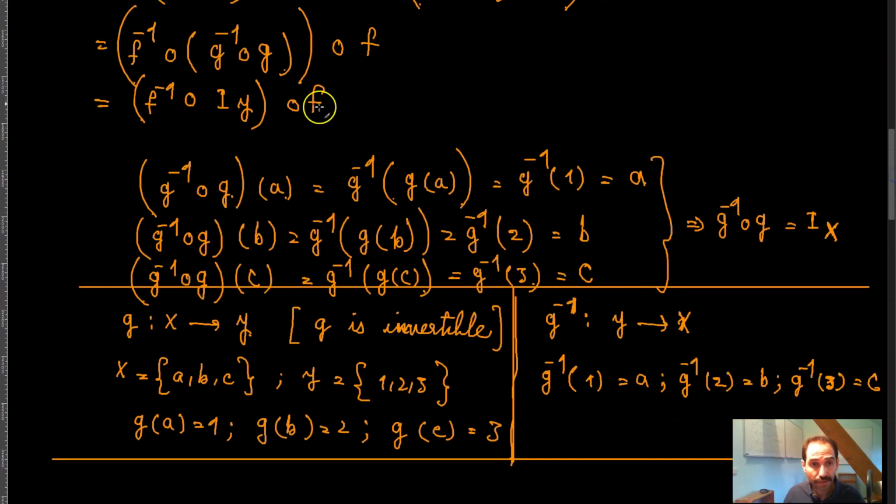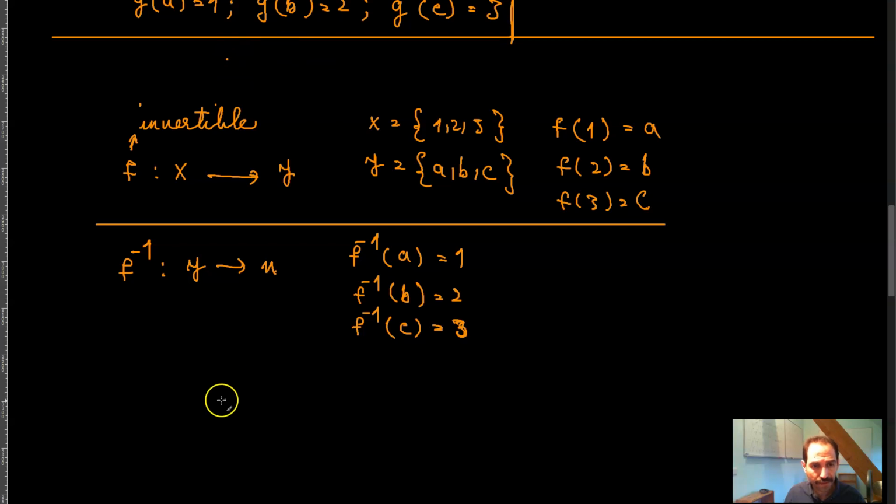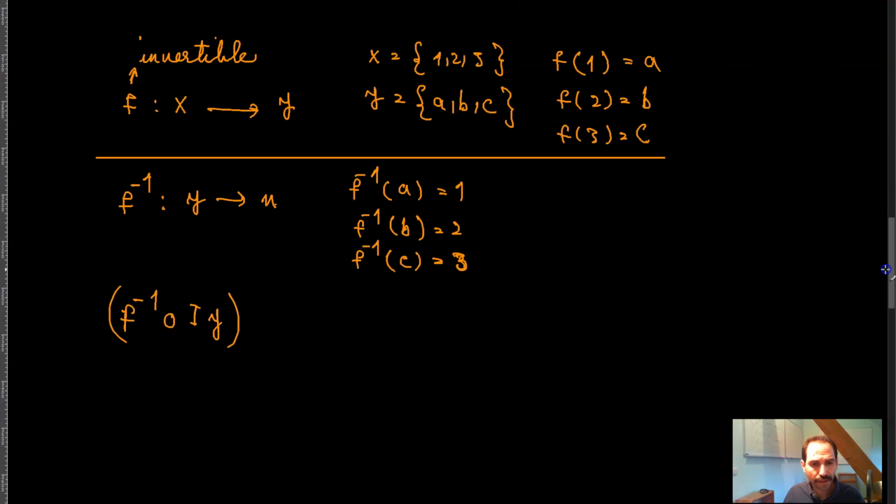Now we want to evaluate this expression, f inverse composed with I of y, composed with f. So what we want to know is what that is. In order to evaluate this, of course you know that the arguments of the function f are the members of the set x, which is 1, 2, and 3.